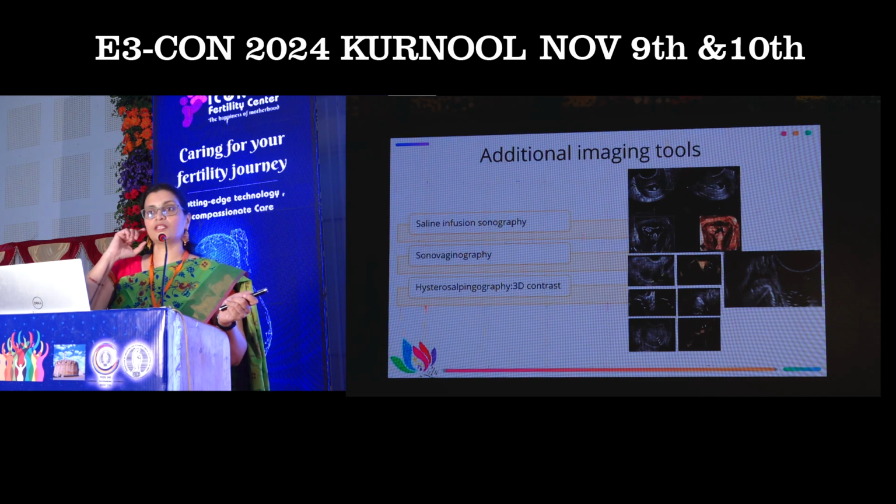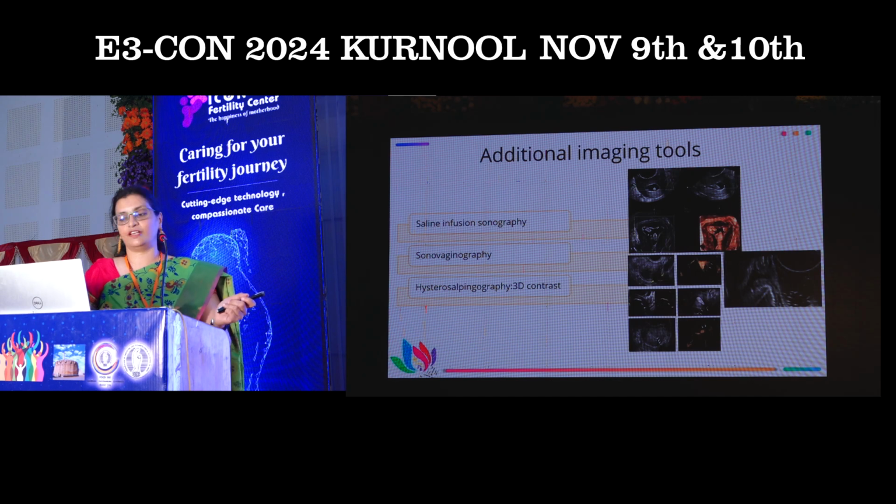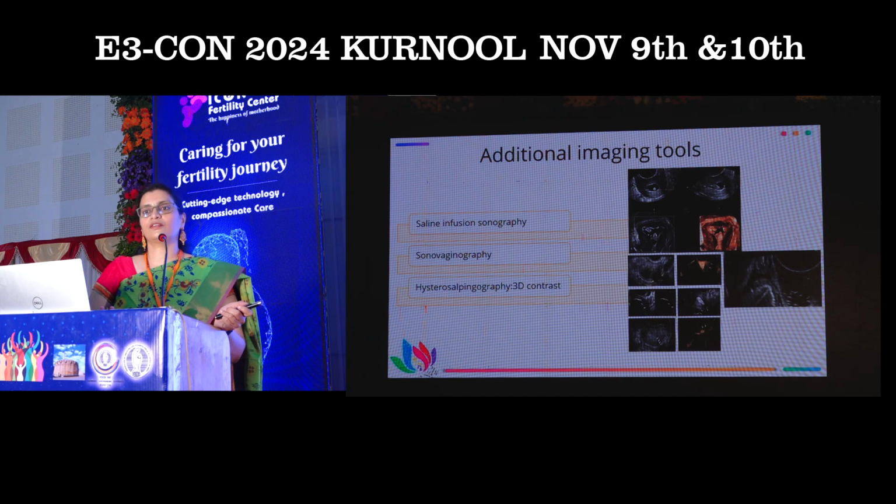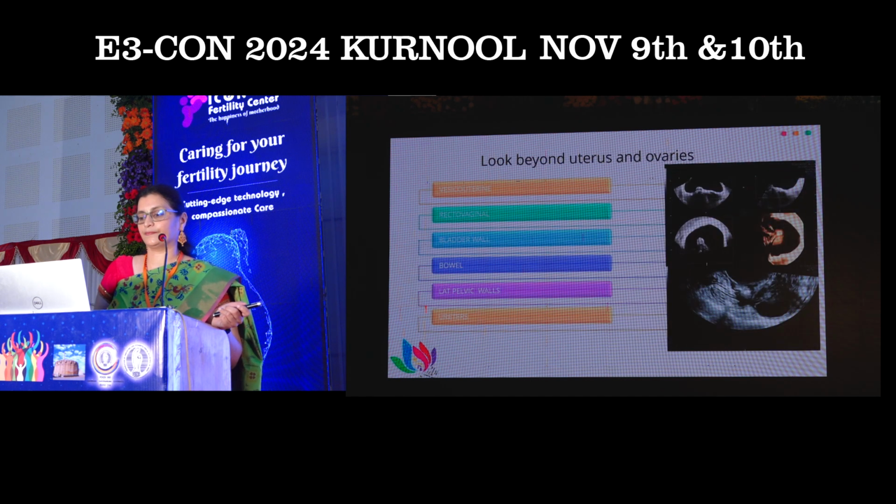So there are additional interventional tools you can use along with the transvaginal. You have the saline infusion sonography. Sonovaginography is especially helpful in looking at the rectovaginal area in suspected endometriosis. Hysterosalpingography you can use for tubal patency using a 3D contrast.